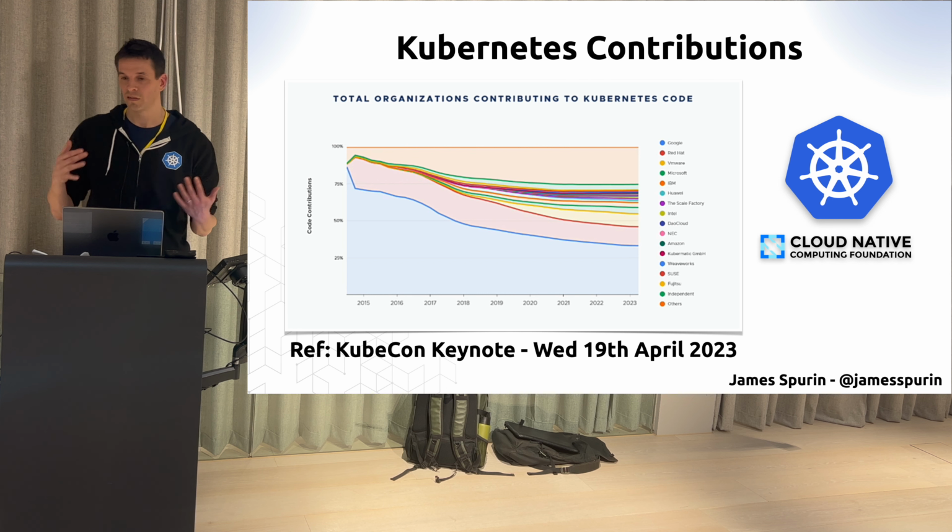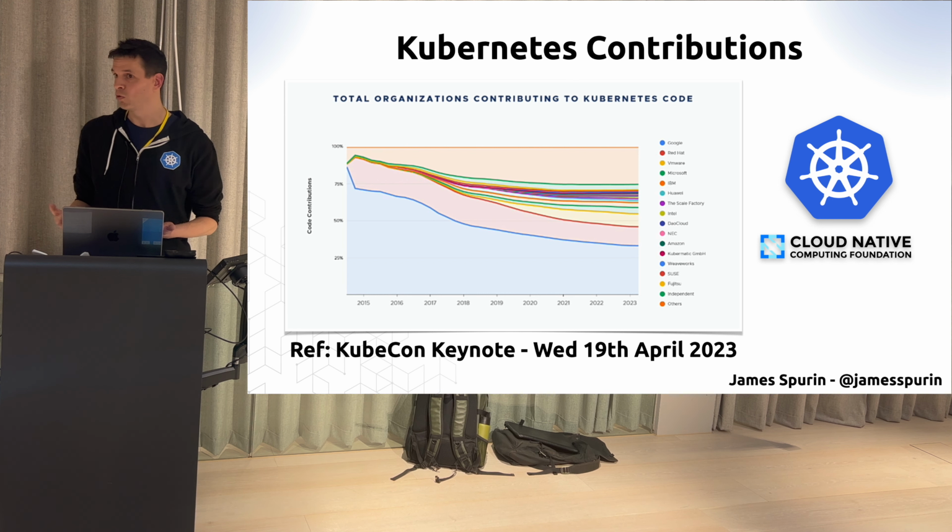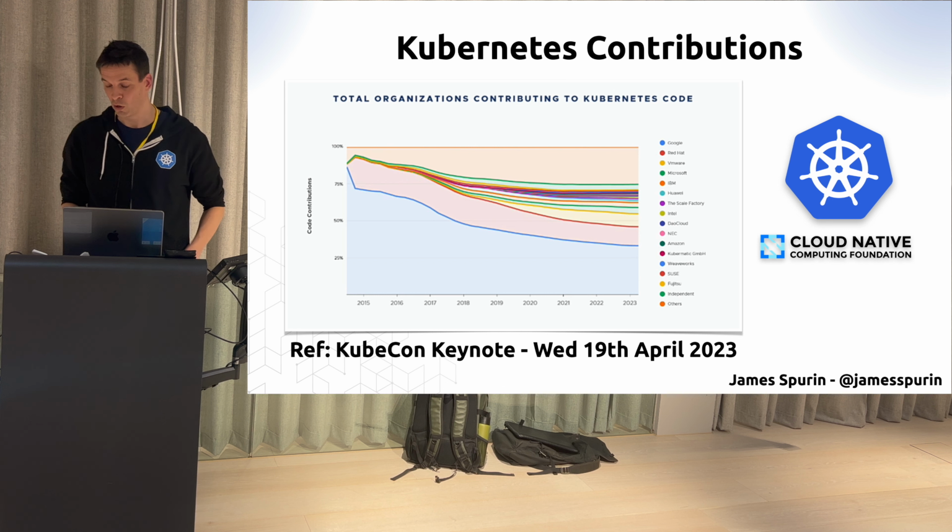And this is not only these projects. Any one of you here could go and contribute to these. And with them being CNCF projects, the whole ecosystem is around fostering collaboration, simplifying development, and most importantly, reducing vendor lock-in.